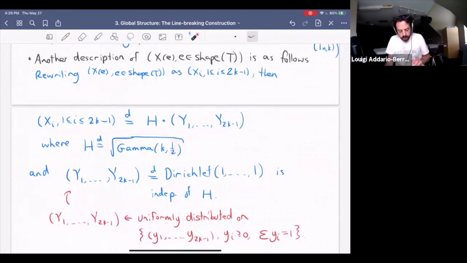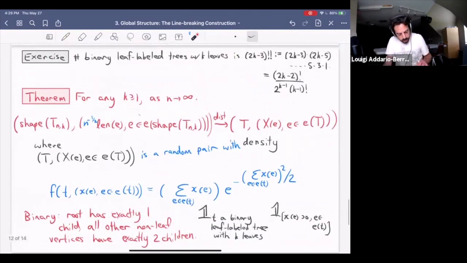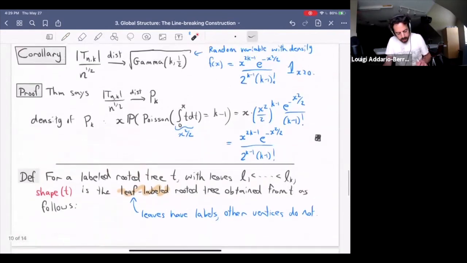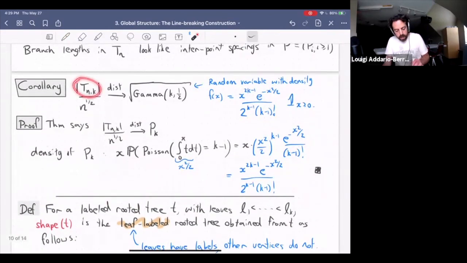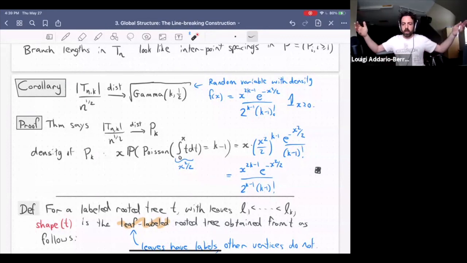Okay, so this total mass here is a term we already saw before, right? We mentioned up above that the total mass of T_{n,k} looks like the square root of a Gamma(k/2). Now what I'm saying is, if you take your tree T_{n,k} and boil it down to its shape, which means rather than keeping all of the internal vertices on those edge lengths, you just write down the total length. And now, instead, you could also divide through by the total length, so that the lengths are numbers between 0 and 1 and their sum is 1.